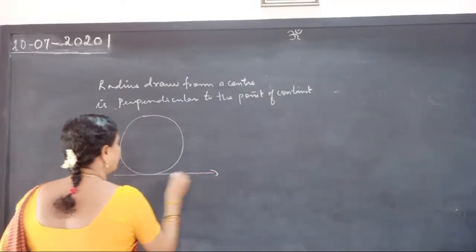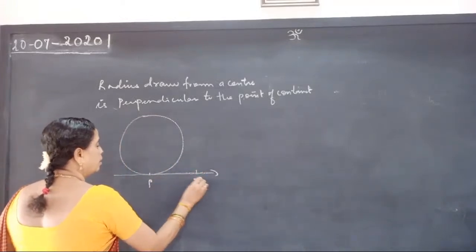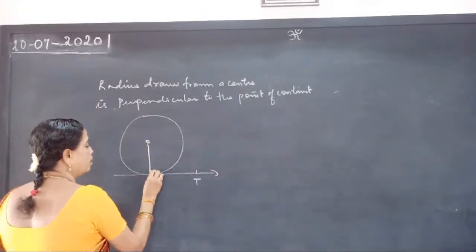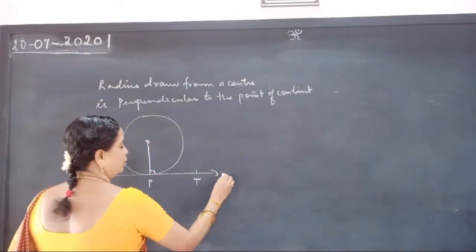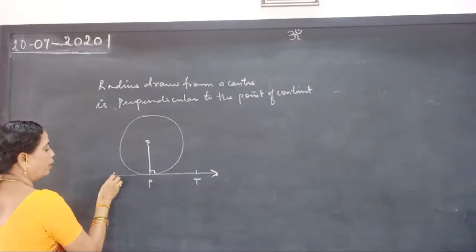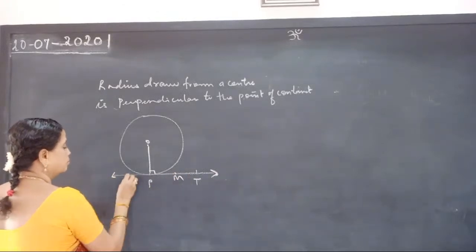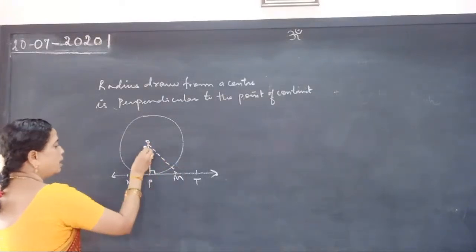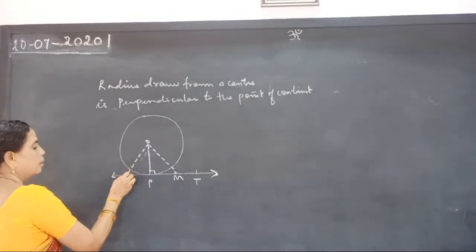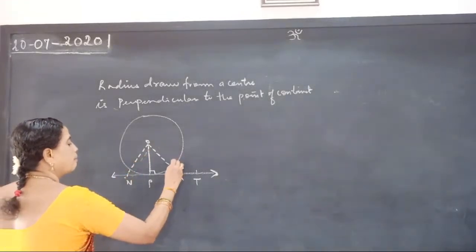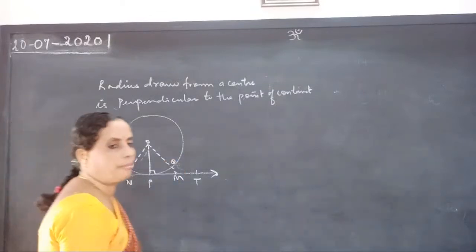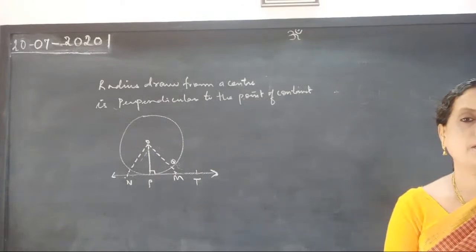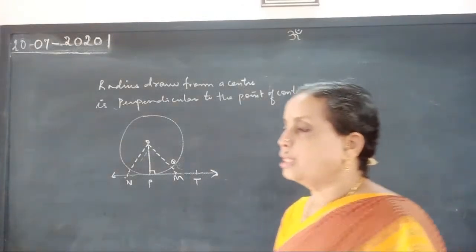Here we are drawing a tangent PT, and the radius from the center is perpendicular to the point of contact. Here we use the concept that of all the line segments, the perpendicular drawn from an external point is the shortest.